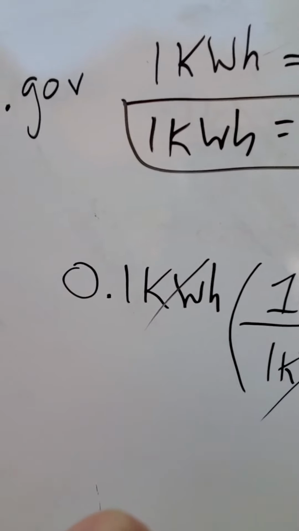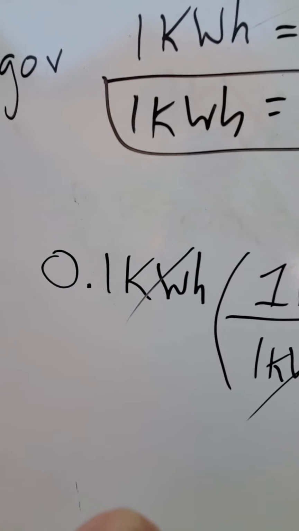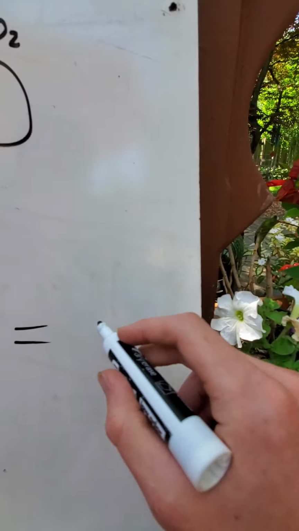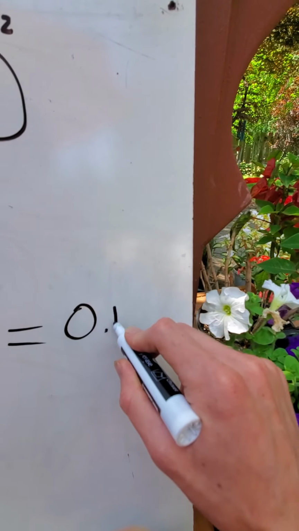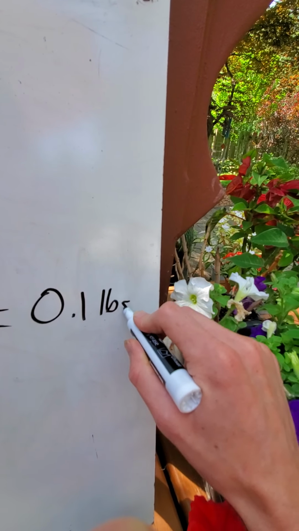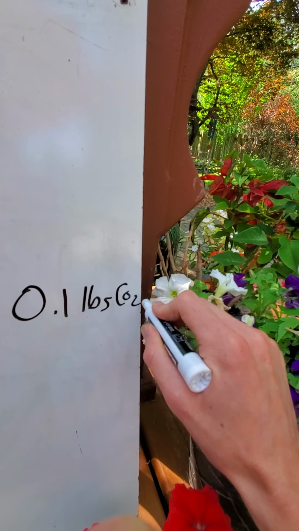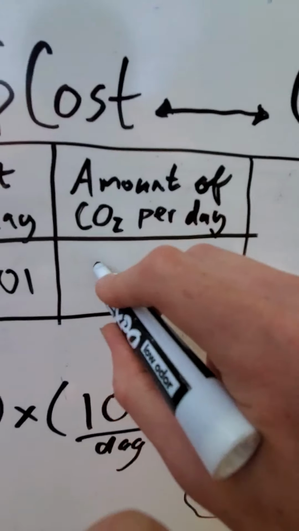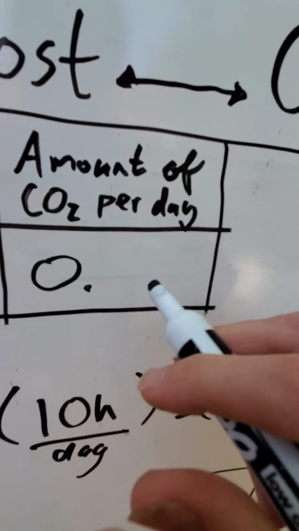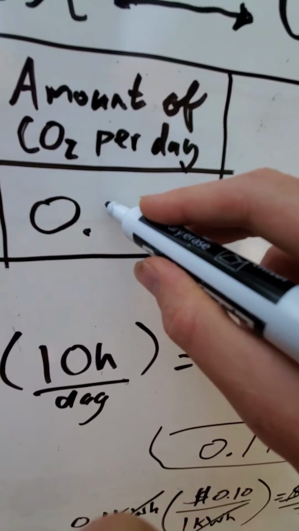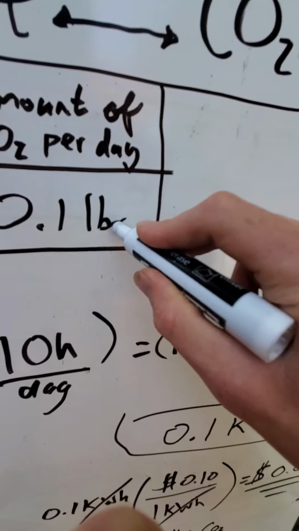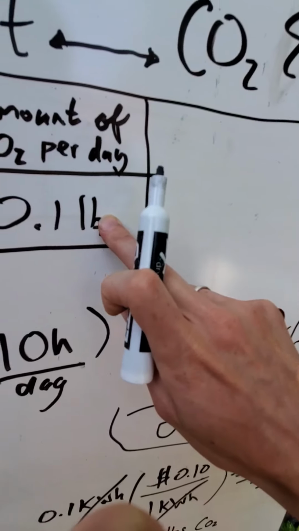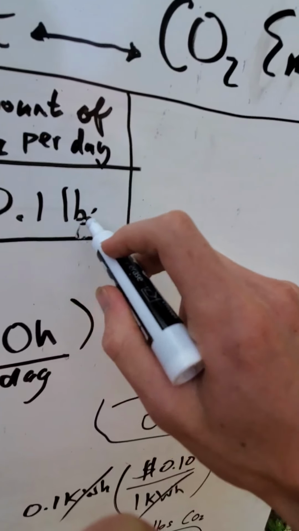And this is pretty much 1-to-1. So that 0.1 kilowatt hours becomes 0.1 pounds of CO2. All right, so again, how much does our bulb produce per day? And that is going to be about 0.1 pounds of CO2 that we put out into the atmosphere.